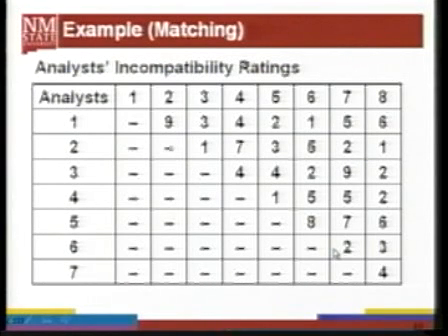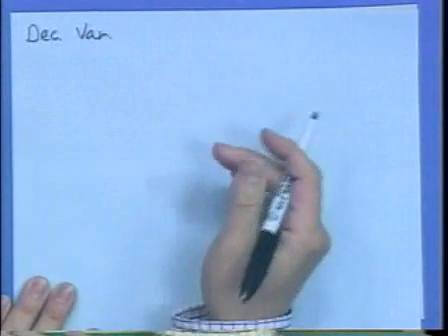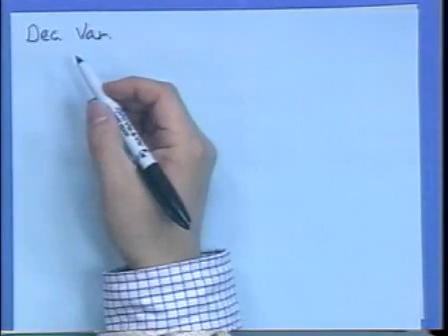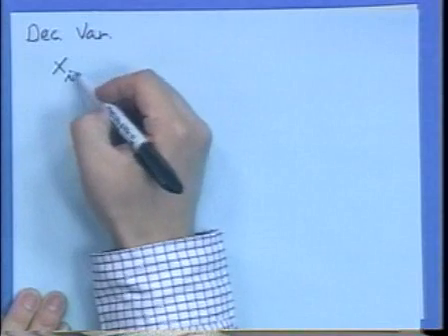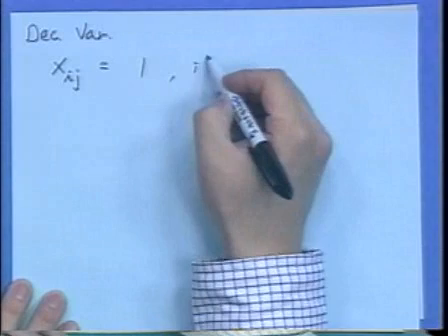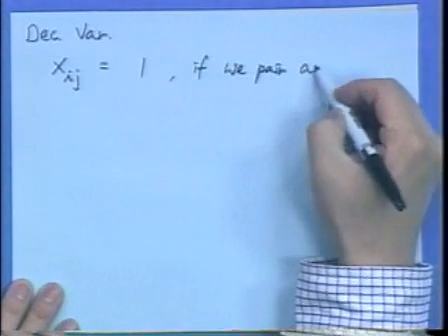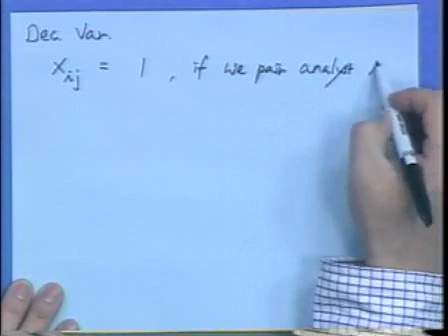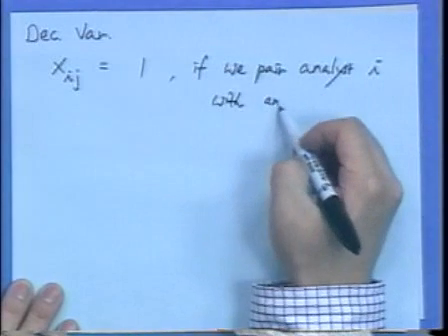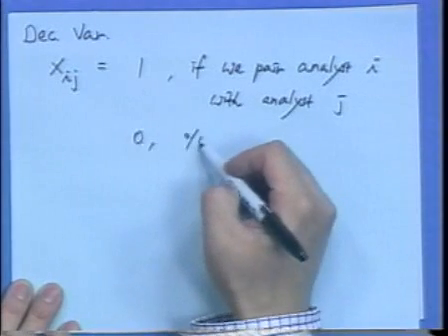So we define decision variables this way. Let's say x of ij equals 1 if we pair analyst i with analyst j, 0 otherwise.